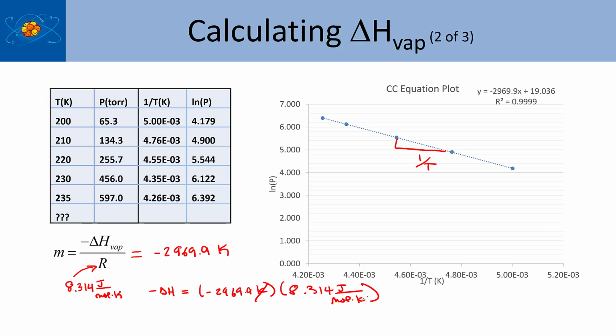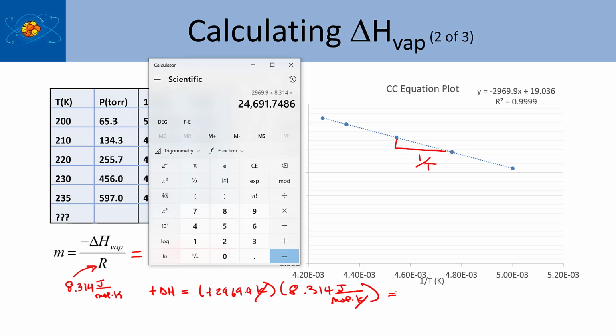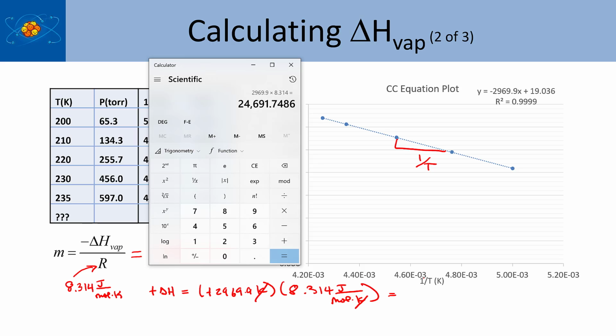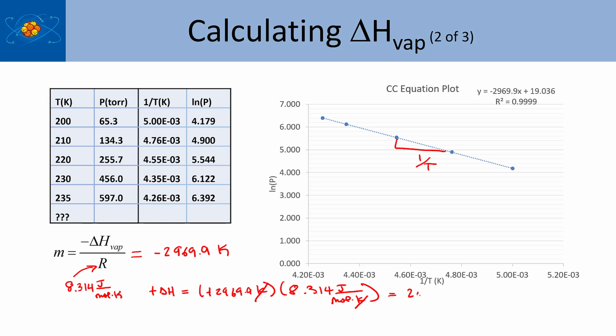So the Kelvin units will cancel, the signs will cancel, and so I can just calculate delta H from that. So that comes out to be 24,000. Oh, you saw that there, right? I just did the calculation. 24,692.